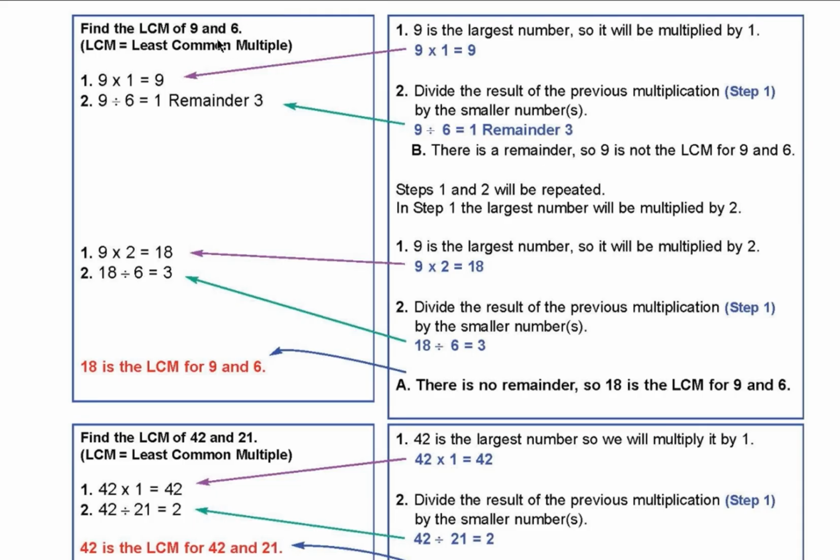Of the two numbers 9 and 6, 6 is the smaller number. So we will divide 18 by the smaller number, which in this case is 6.